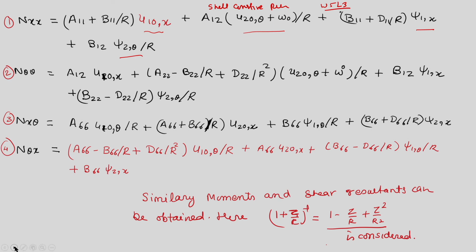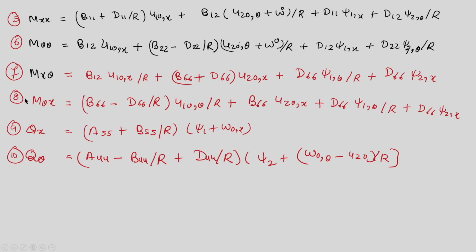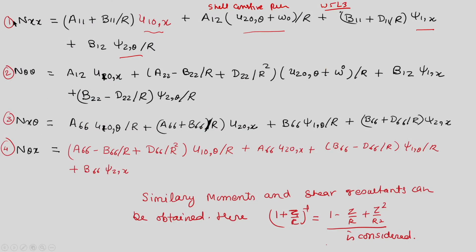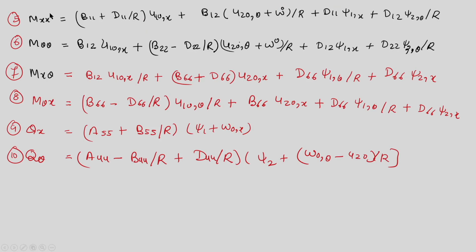Similarly, the moments Mxx, M theta theta, M x theta, M theta x, Qx and Q theta are represented. I have numbered these equations 1 to 10. So, we have 10 shell constitutive relations.